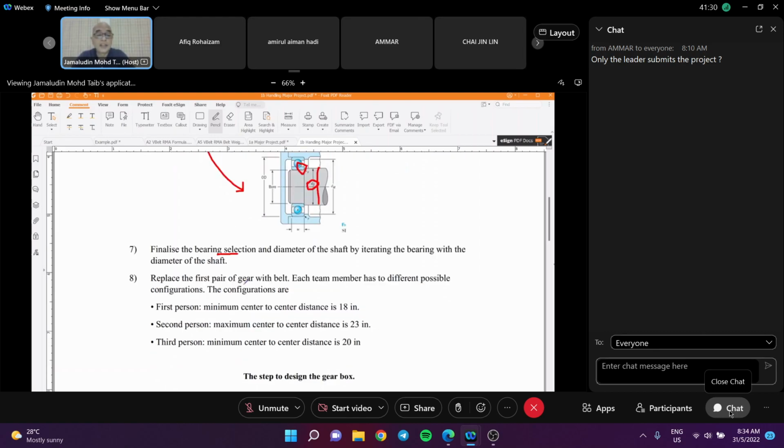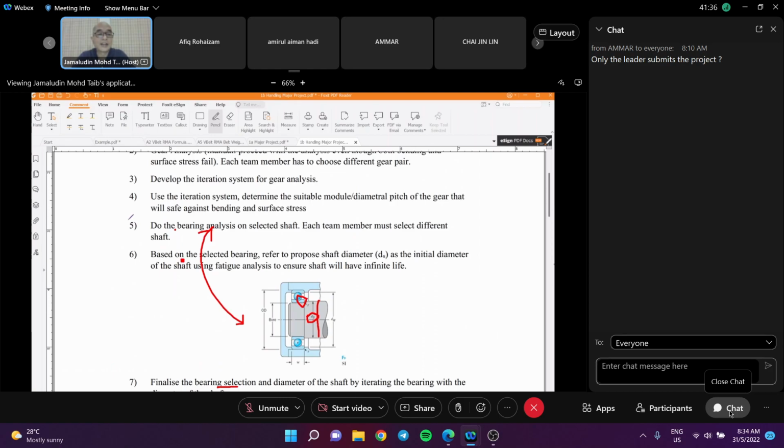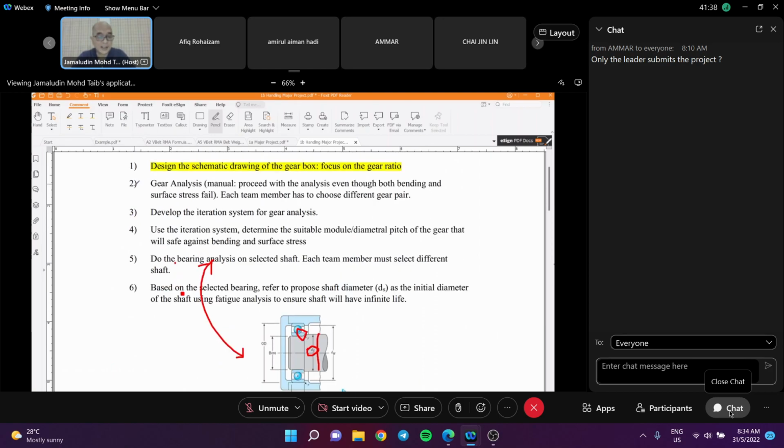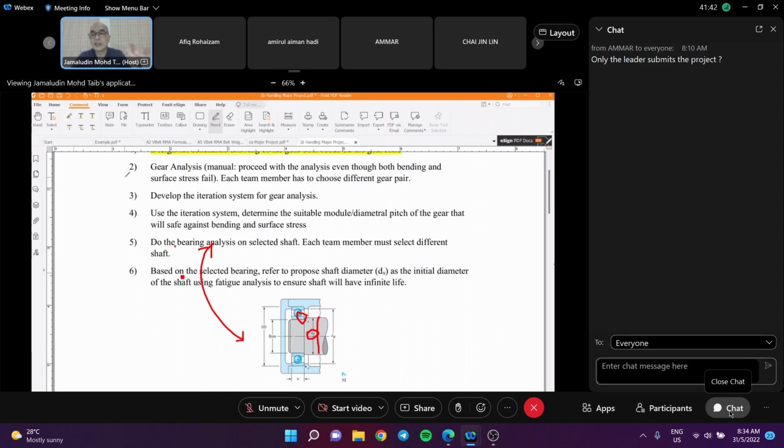Finally, this analysis is going to be a bit independent. The reason I start with the gear is that the gear will have the tangential force Ft and Fr.